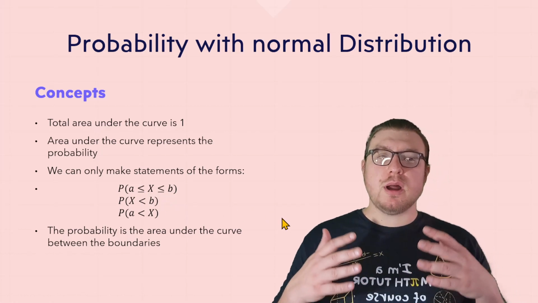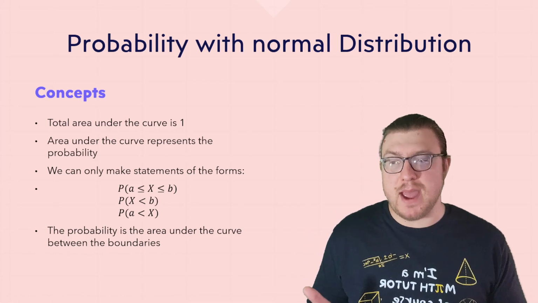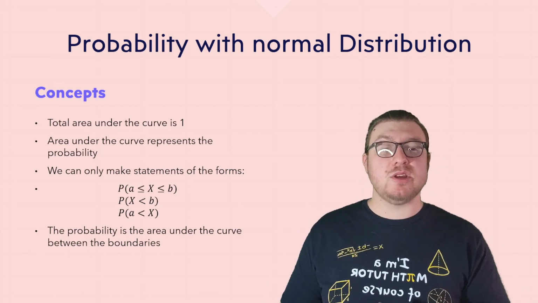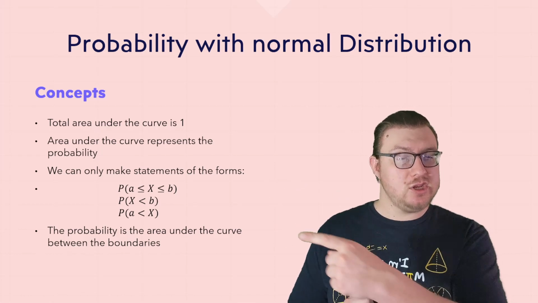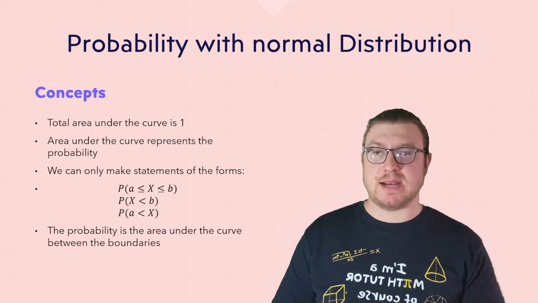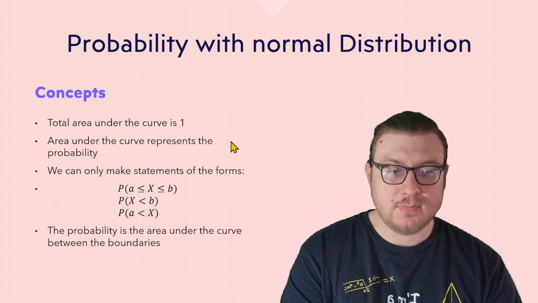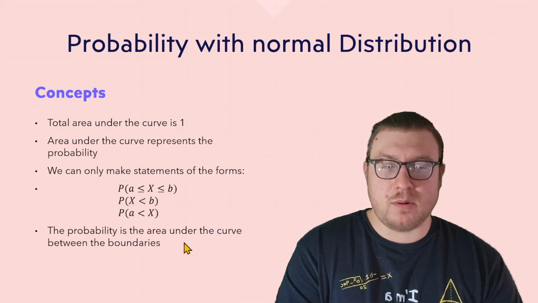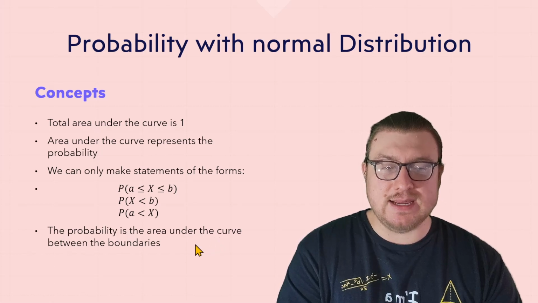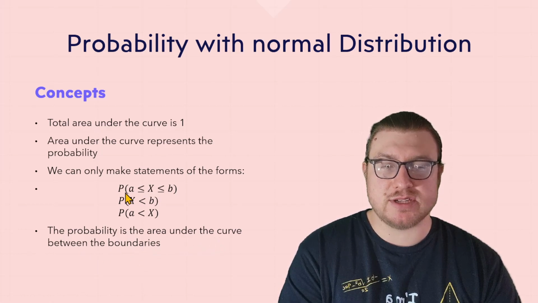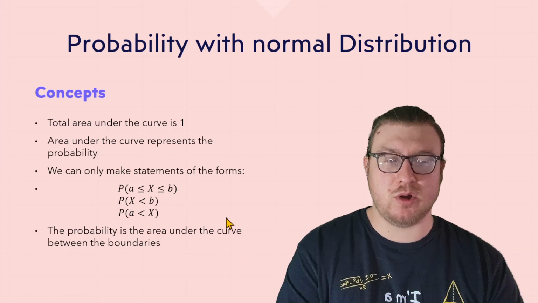For the normal distribution, it doesn't actually matter. You can use the less than and equal sign, or the less than sign. It's all the same. So the probability under the curve is bounded between the boundaries a and b. This is what we're looking at.